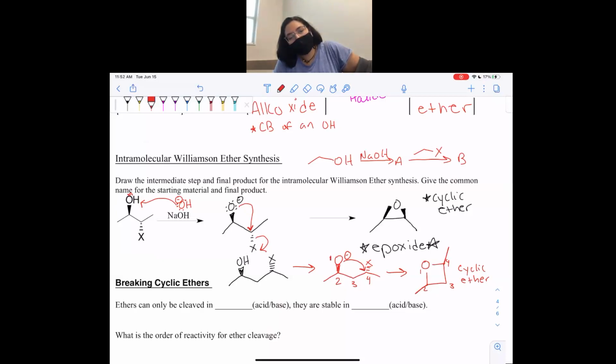You're very welcome. Okay. So we are going to eventually talk about one more way to make an epoxide, but for now, we're going to focus on the more general ether category, and we're going to talk about how to break ethers.